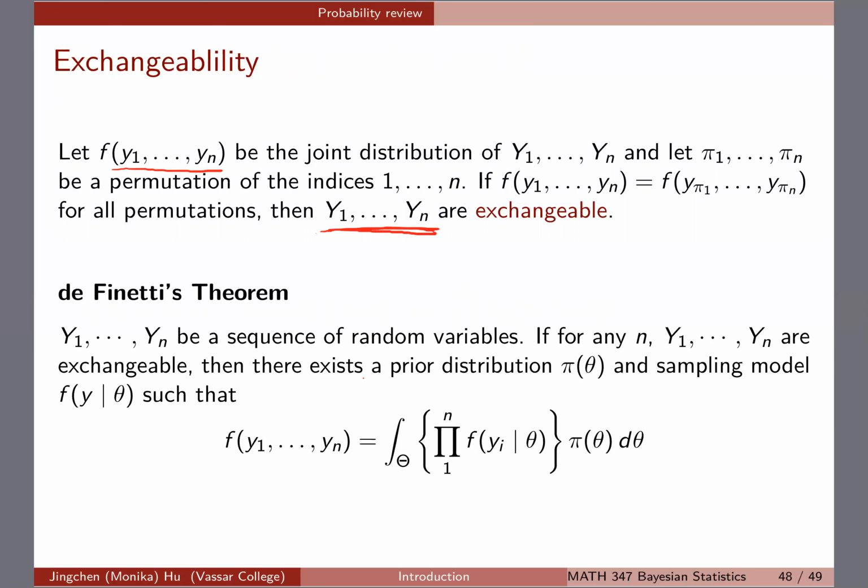By the way, we use capital letters to denote the random variable, and small letters to denote the actual observation. So just keep in mind. By definition, exchangeability means that if you have the joint distribution of all of the random variables, and you take any permutation of the sequence 1 through n, the joint density wouldn't change.